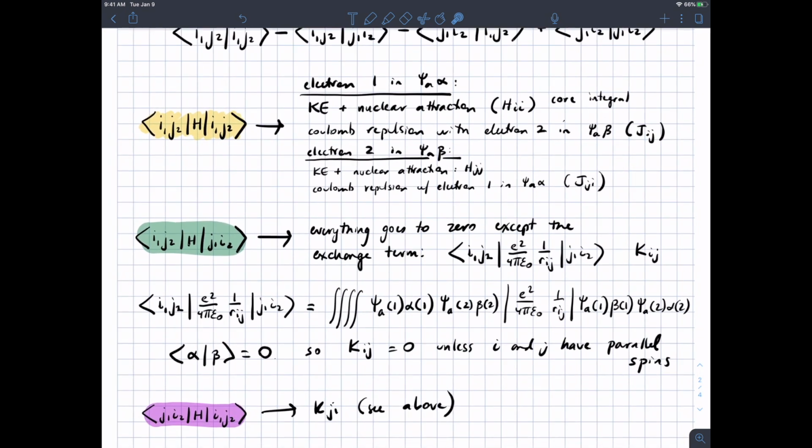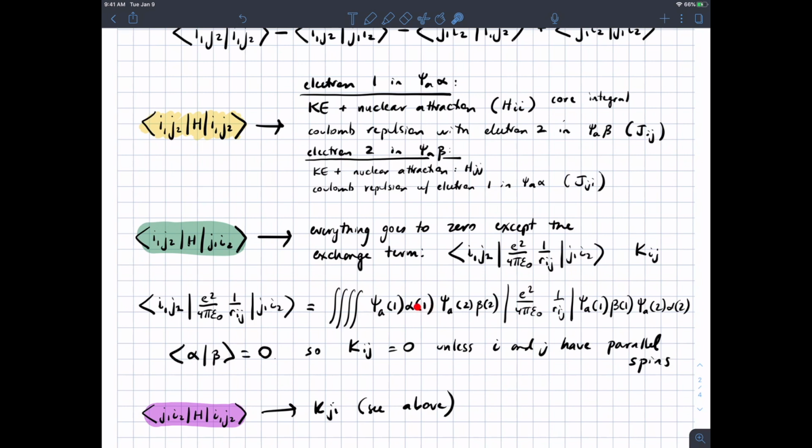So I went ahead and put back in our definitions for I1 and J2 and so on. I1 is electron 1 in spatial distribution A, spin alpha. J2 is electron 2 in spatial orbital A with spin beta. Notice that the spins are constant and they're not operated on by this operator, so we can factor them out and integrate them on their own.